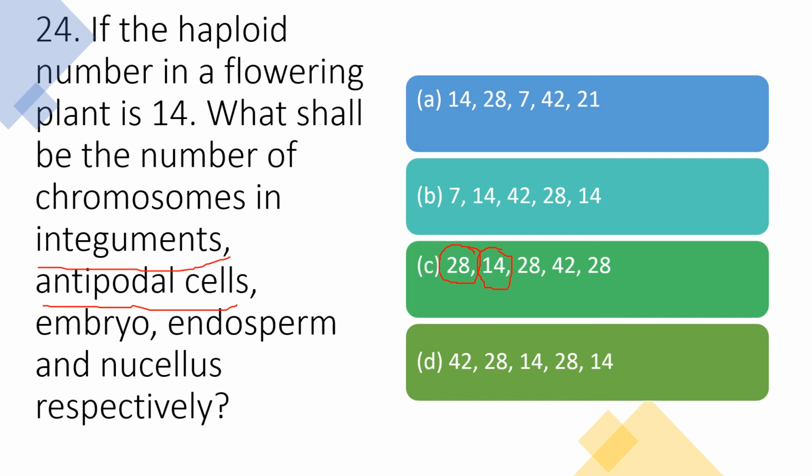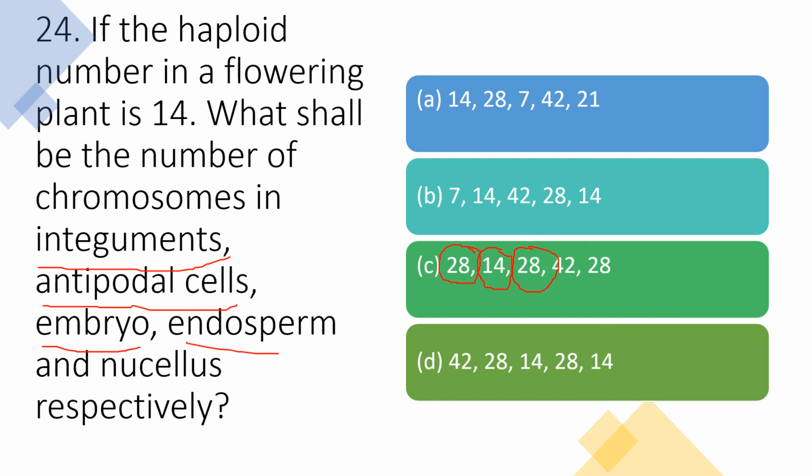And embryo is the result of the fusion of male and female gametes, which leads to a zygote. Zygote gives rise to embryo, so it has 2n chromosomes, a diploid set, so again 28 chromosomes.